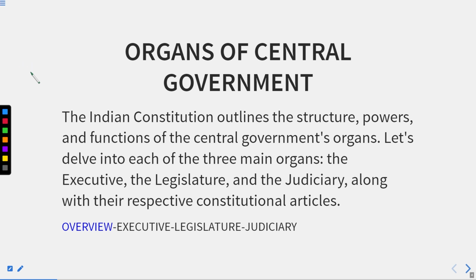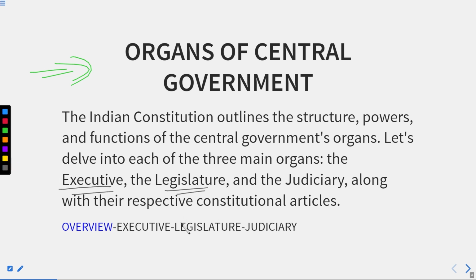So the first is the overview of the organs of the central government. The Indian Constitution outlines the structures, powers and functions of the central government organs. Let's delve into each of the three organs one by one. The first is the executive.